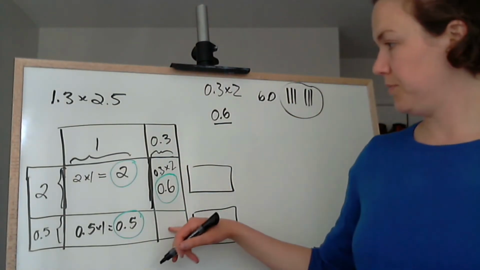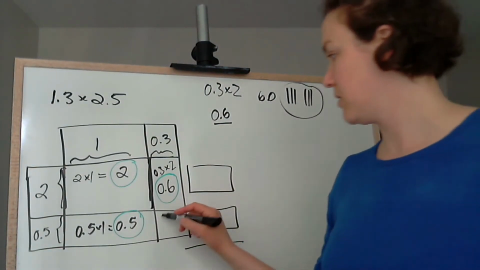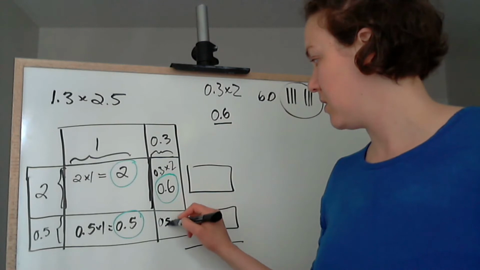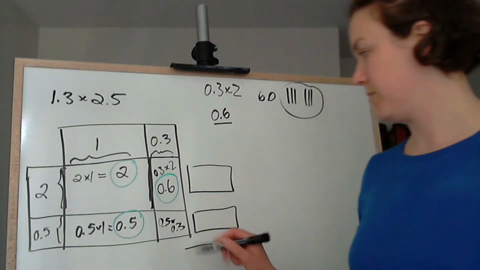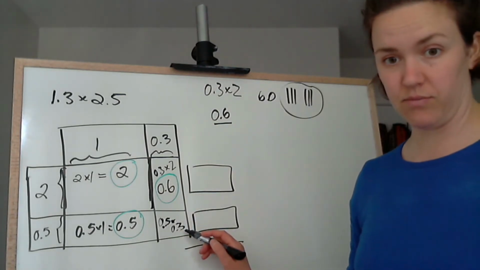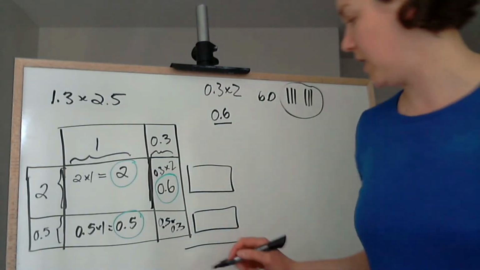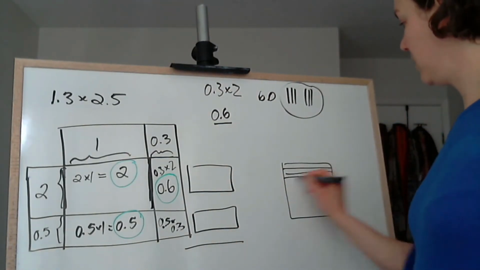All right, this one is 5/10 by 3/10, or 5/10 of 3/10. I know 5/10 is half, so it's half of 3/10. Or another way you could think of it is, remember we did these things where we shade them in.